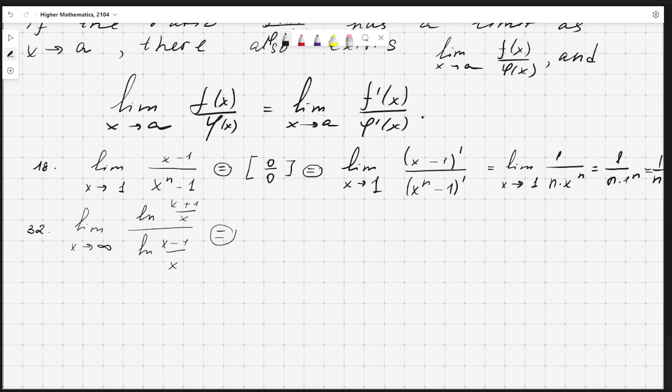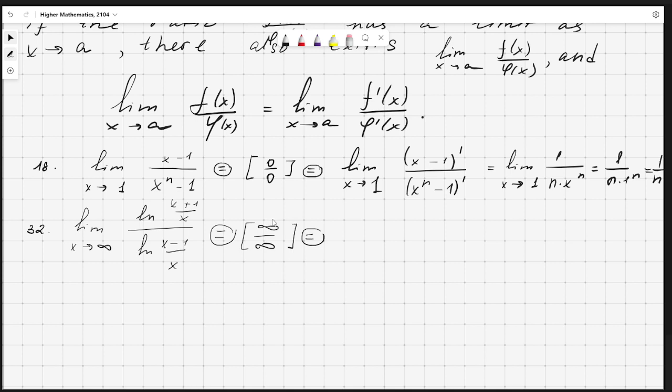Now we have indeterminate form infinity minus infinity. We can use L'Hopital's theorem in this case too. Only two cases, 0 over 0 and infinity over infinity.